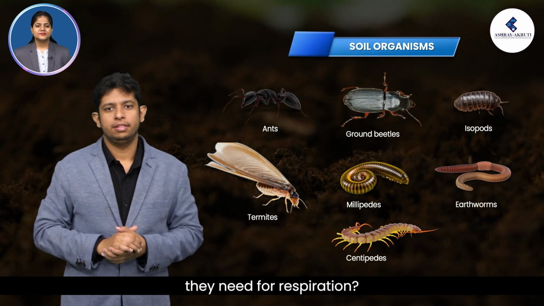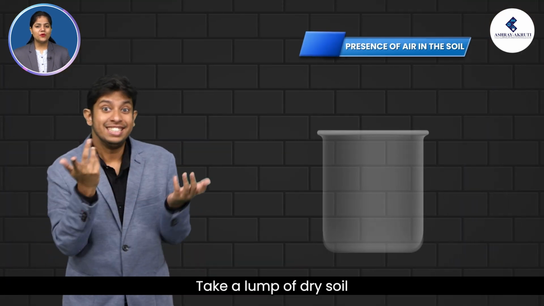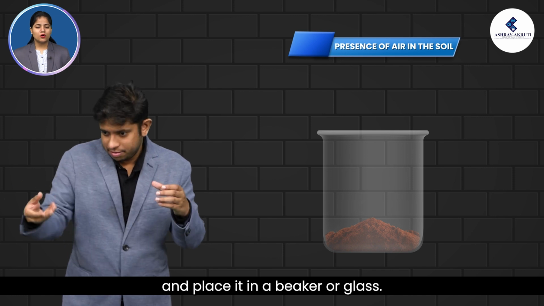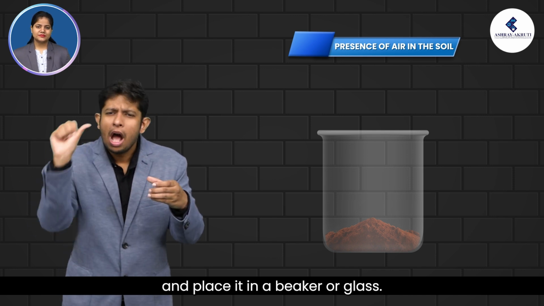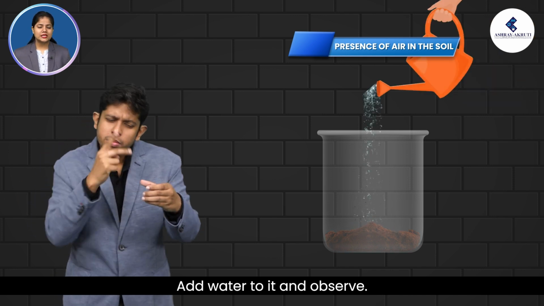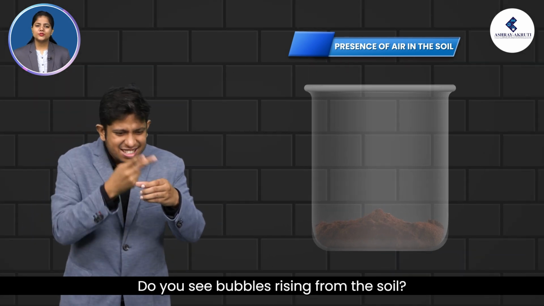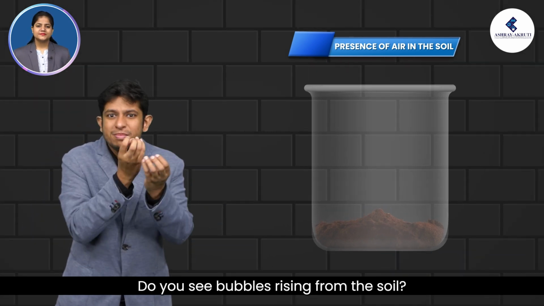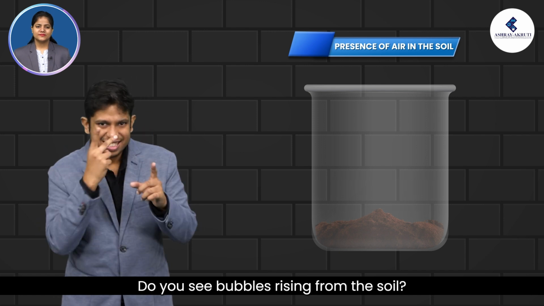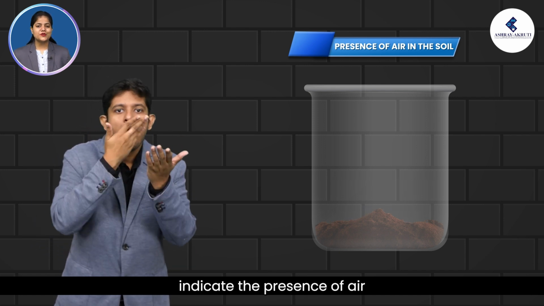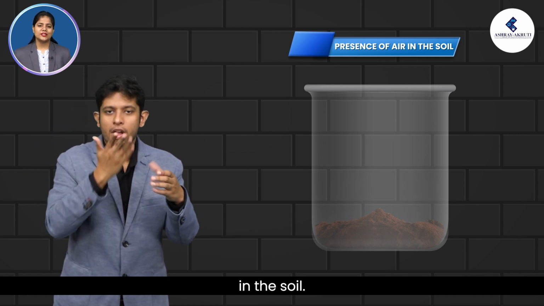Take a lump of dry soil and place it in a beaker or glass. Add water to it and observe. Do you see bubbles rising from the soil? These bubbles indicate the presence of air in the soil.